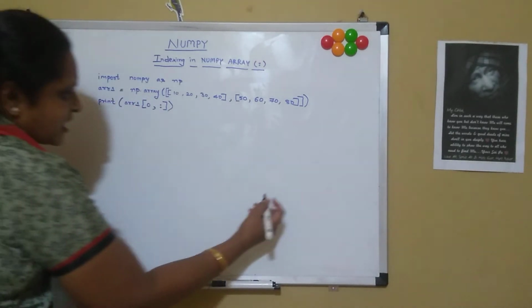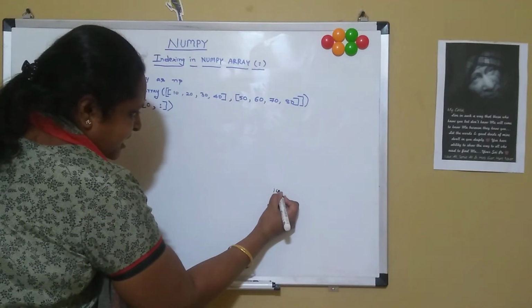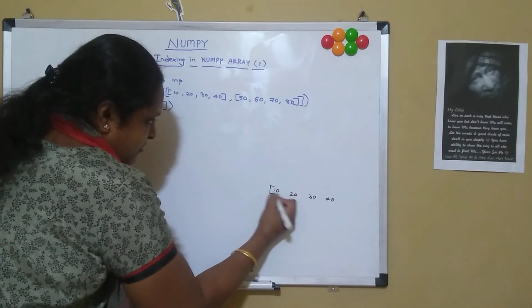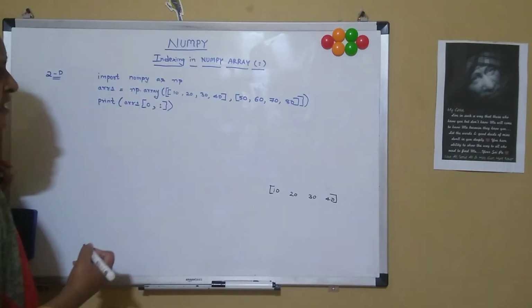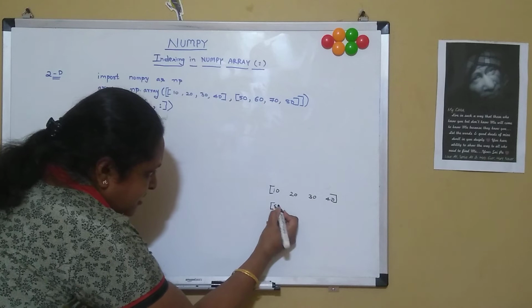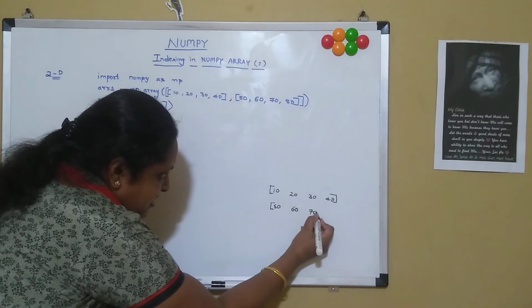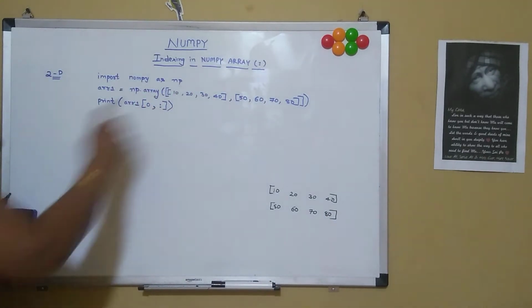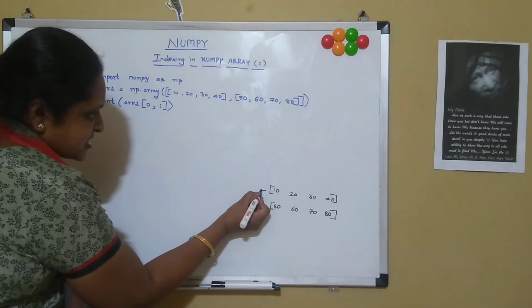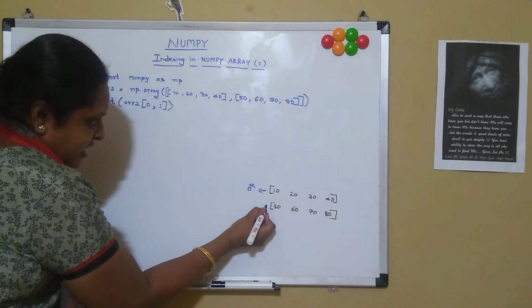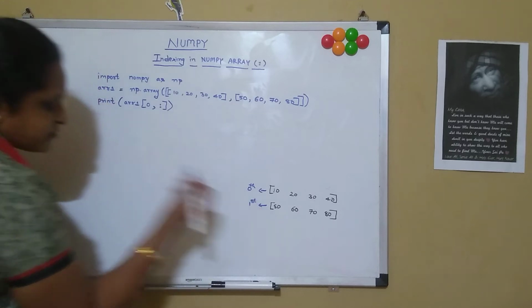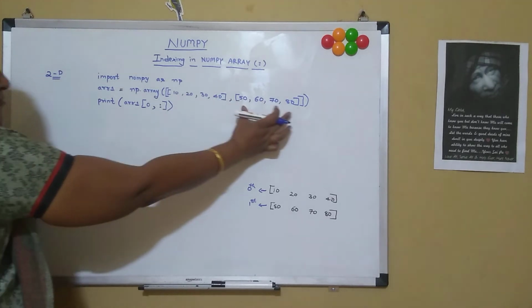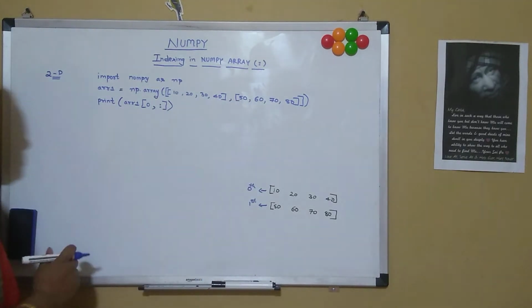So what gets printed, friends? Since it's a two-dimensional array, I'll be having 10, 20, 30, 40, which is one one-dimensional array, and then 50, 60, 70, 80, which is another one-dimensional array. Together it forms a 2D array. So 10, 20, 30, 40 is at the 0th index, 50, 60, 70, 80 is at the first index.